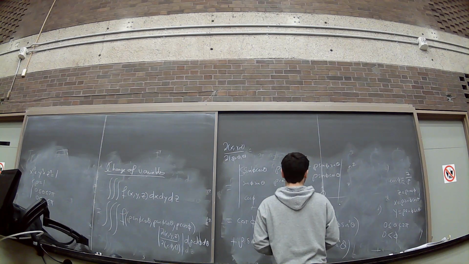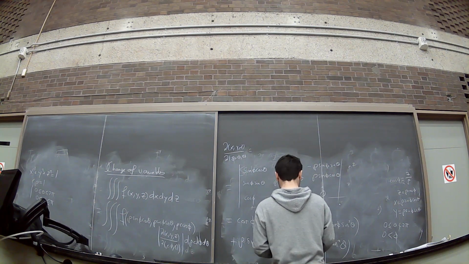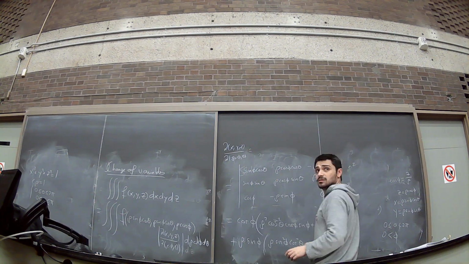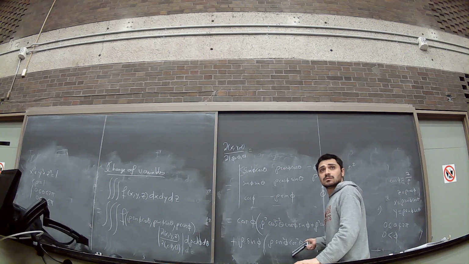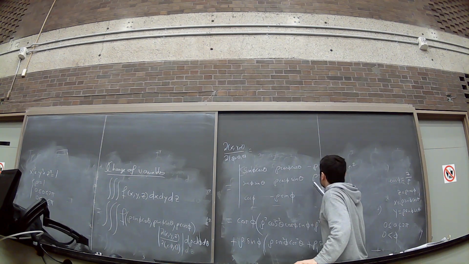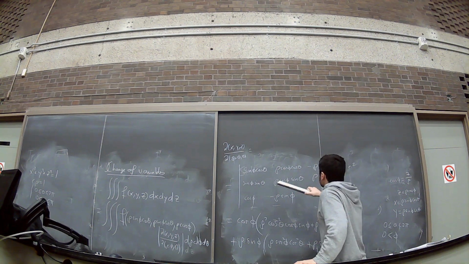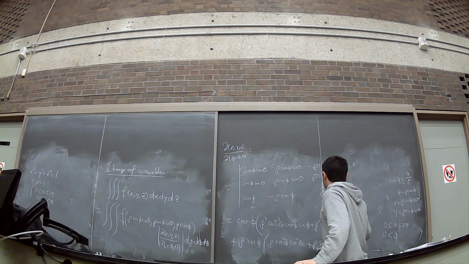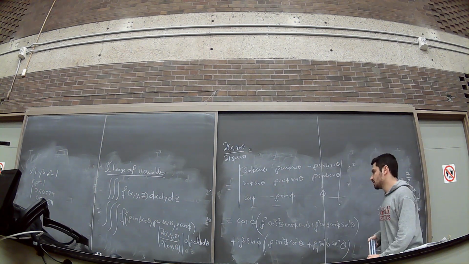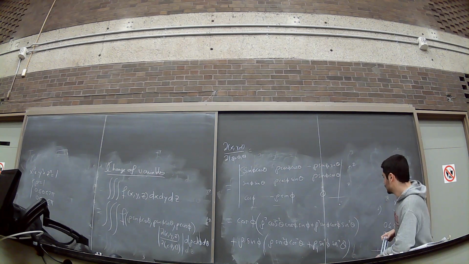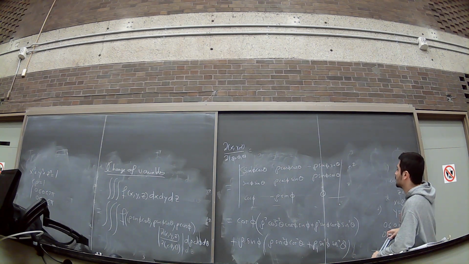I get rho sin squared phi cos squared theta. Is that good? Plus rho sin squared phi sin squared theta. Not good.